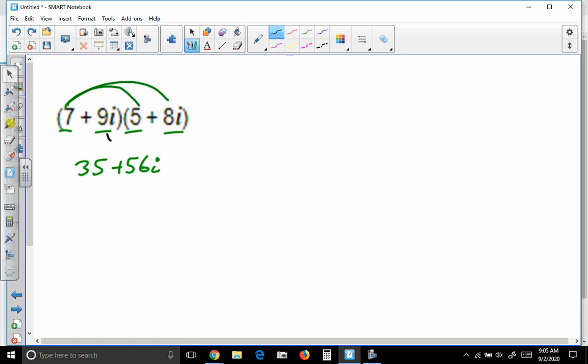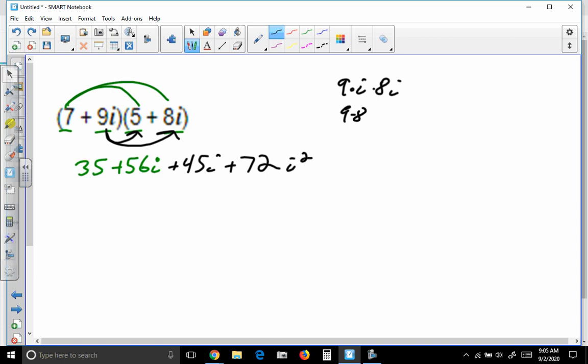And then we distribute the 9i. So 9i times 5, 9 times 5 is 45, and that's times i. And when we distribute to here, 9 times 8 is 72, and i times i is i squared. So that's 9i times 8i. So 9 times 8 and i times i.